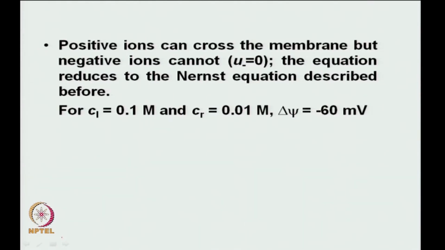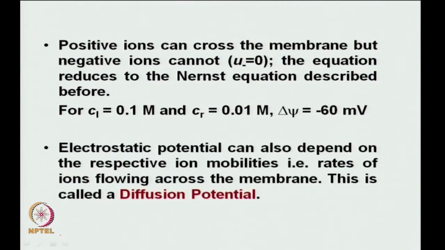If C of L is equal to 0.1 molar and C of R is equal to 0.01 molar, then del psi comes to be minus 60 millivolts. This is the potential difference you generate because of this concentration difference. And the second more important thing is that the electrostatic potential also depends upon the respective ion mobilities, that is, the rates of ion flow across the membrane.